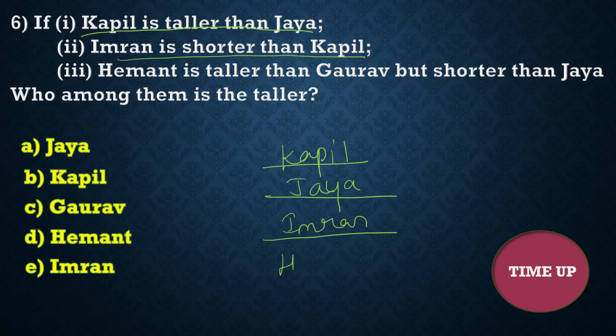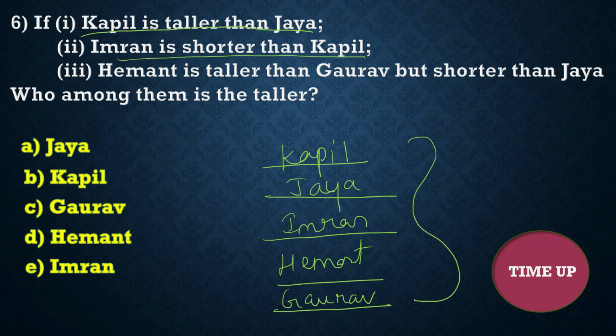So Hemant will come here because Hemant is shorter than Jaya but taller than Gaurav. Correct? So this is the ordering that can be formed after solving the question.